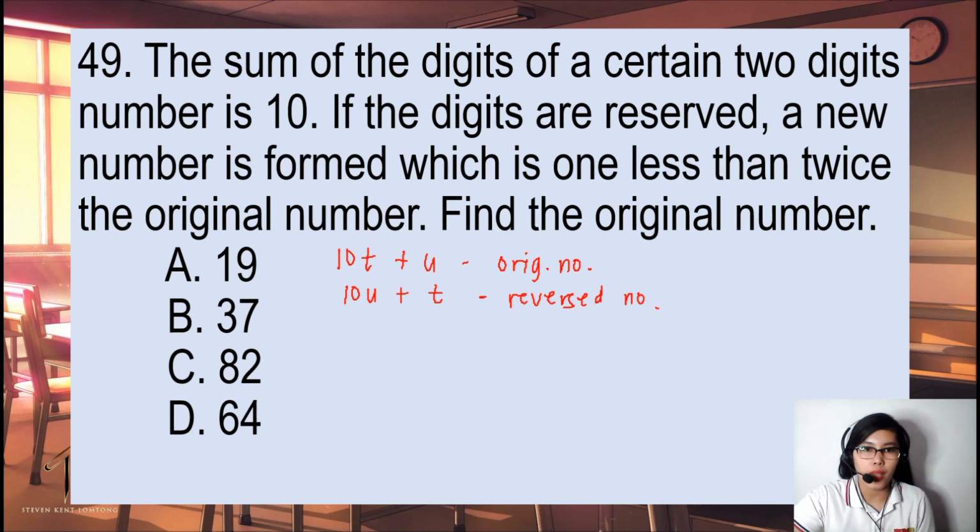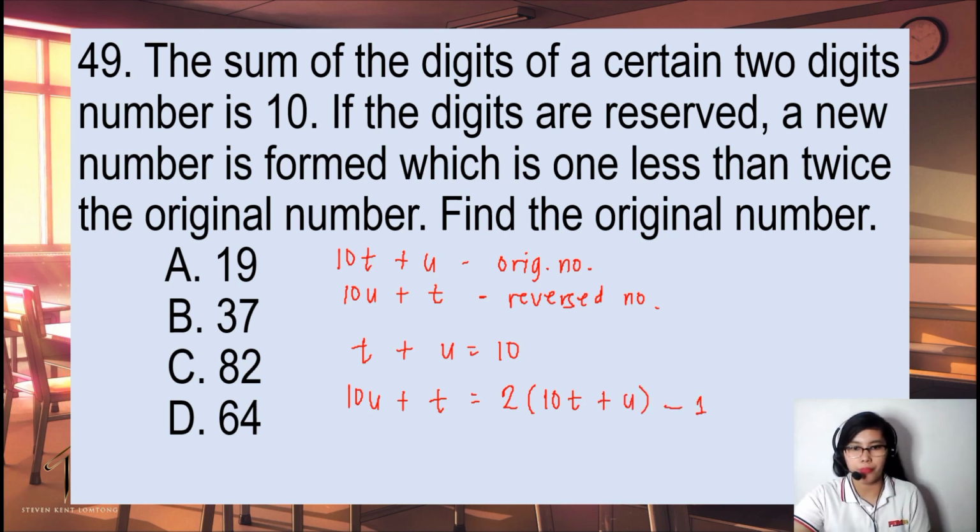So it says, the sum of the digits of a certain 2-digit number is 10. So t plus u is equal to 10. If the digits are reversed, a new number is formed, which is 1 less than. So reverse number is 10u plus t. So that's equal daw to 1 less than twice the original number. So twice the original number, 10t plus u, and 1 less than.